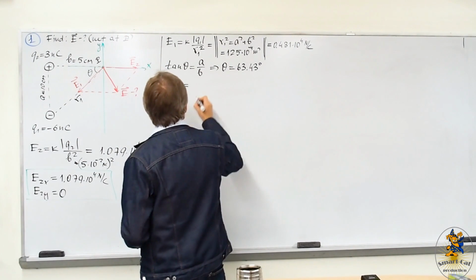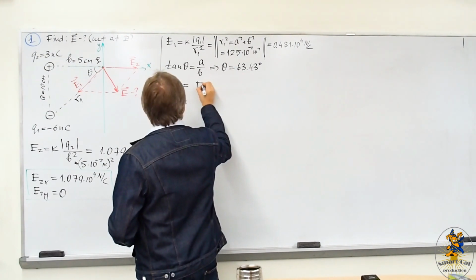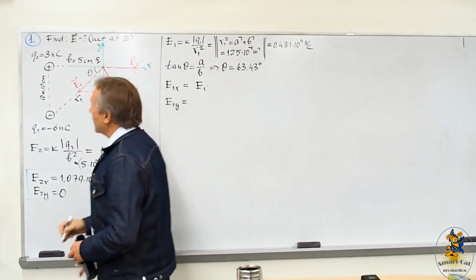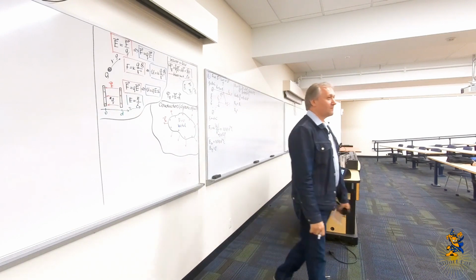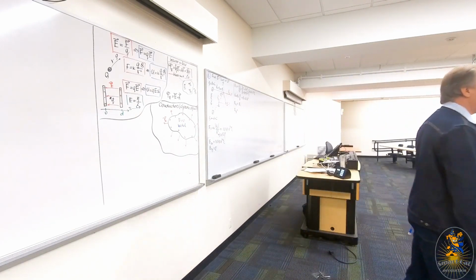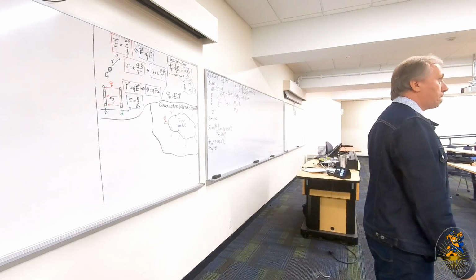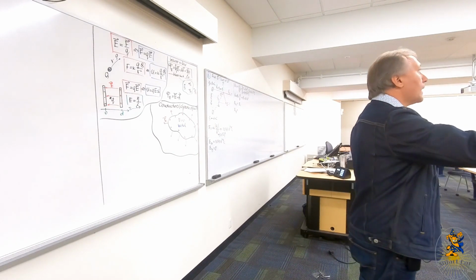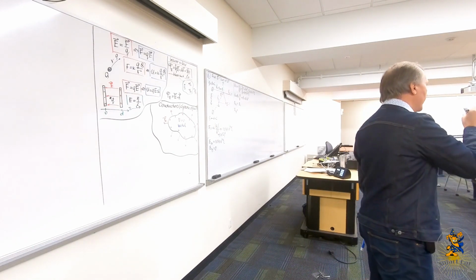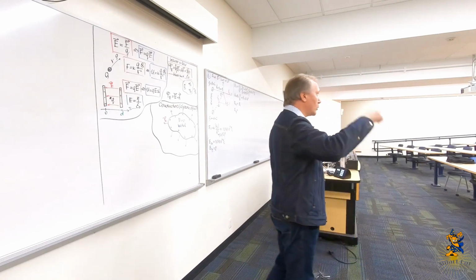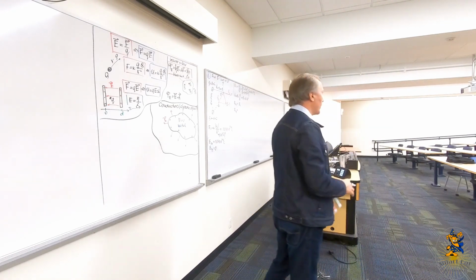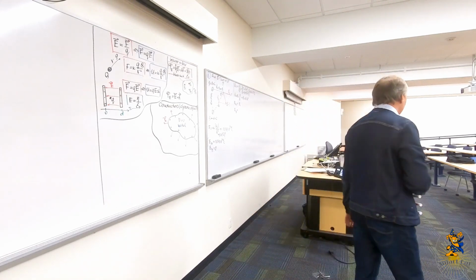Yeah, let's start with x component. So E1 times which function, cosine or sine, must be used in order to find x component? Cosine. Guys, be careful. If you're not confident, somewhere at the end of your notebook, write all those properties, because we use them almost every class.